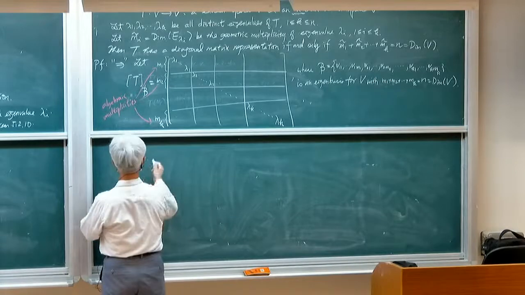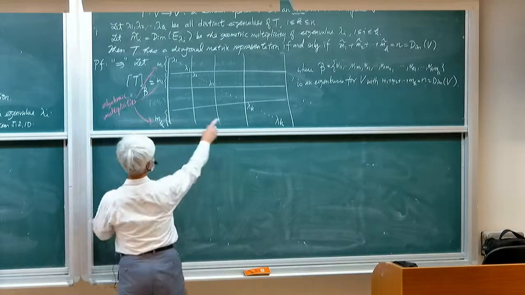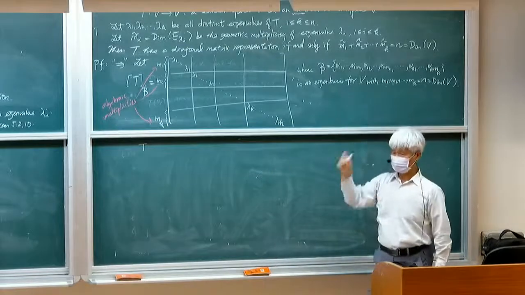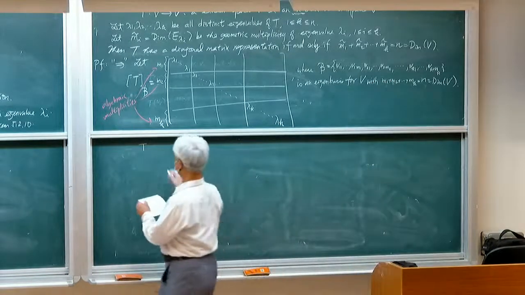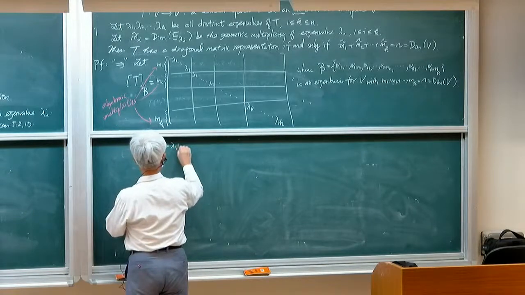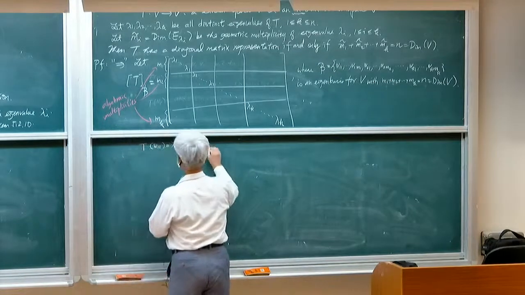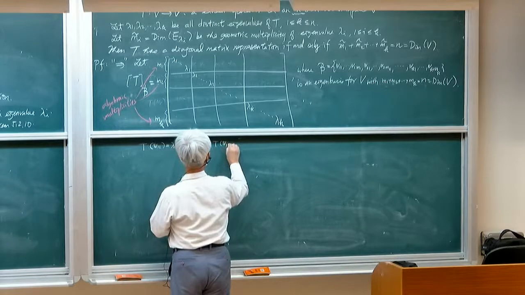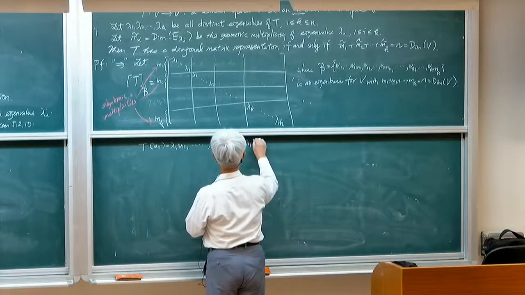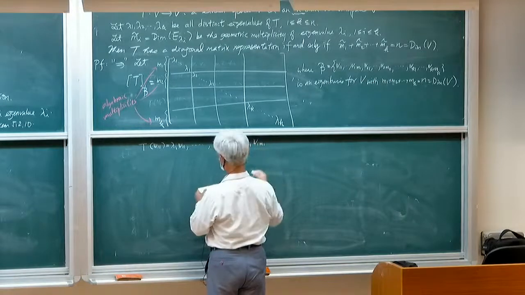So now we know that the basis B is an eigenbasis, so we know that TV11 is lambda 1 V11, up to TV1M1 is lambda 1 V1M1.